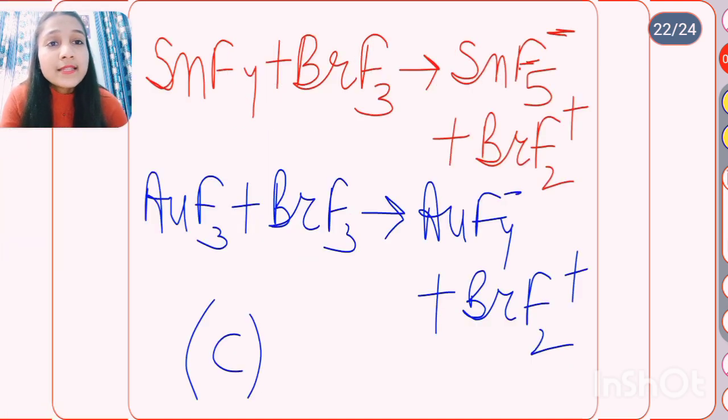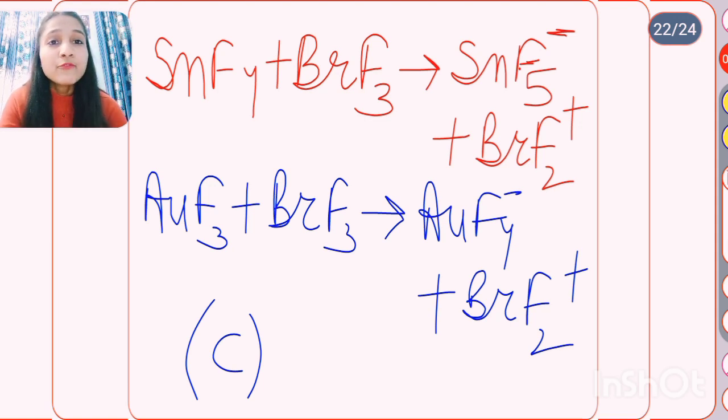So first of all, SnF4 plus BrF3. SnF4 behaves as a Lewis acid, so it simply accepts fluoride from BrF3. You can see here that the same theory keeps repeating in every question. So you can simply solve all the questions on acids and bases by applying these two or three theories again and again.